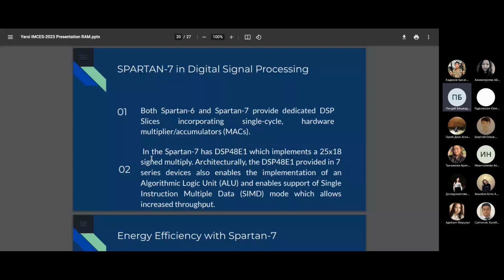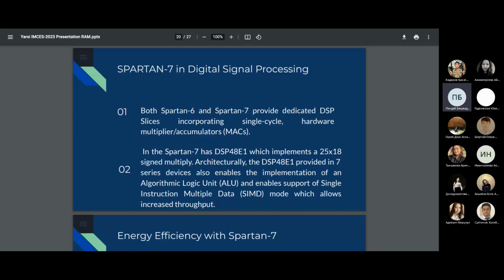The Spartan 7 has DSP48E1, which implements a 25 by 18 signed multiply architecturally.